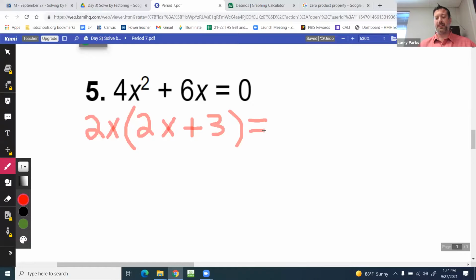I personally think these are easier because now we have the zero product property that says in order to get 0, either 2x equals 0 or 2x plus 3 is 0.